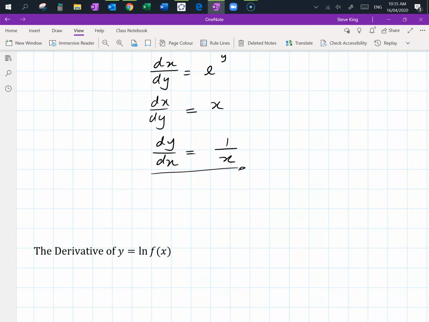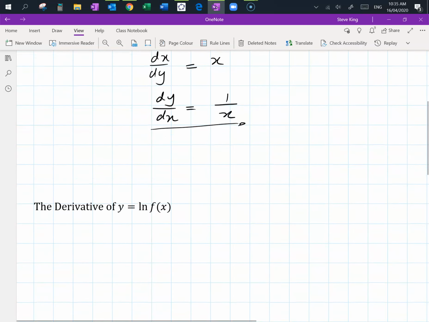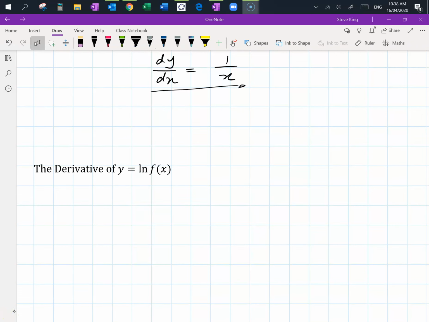So the derivative of the generalized expression y is equal to the ln of some function of x, well, we need to try and figure out what that looks like. So I'm going to deal with this in much the same way as I dealt with the previous one. I'm going to say let f of x equal u.